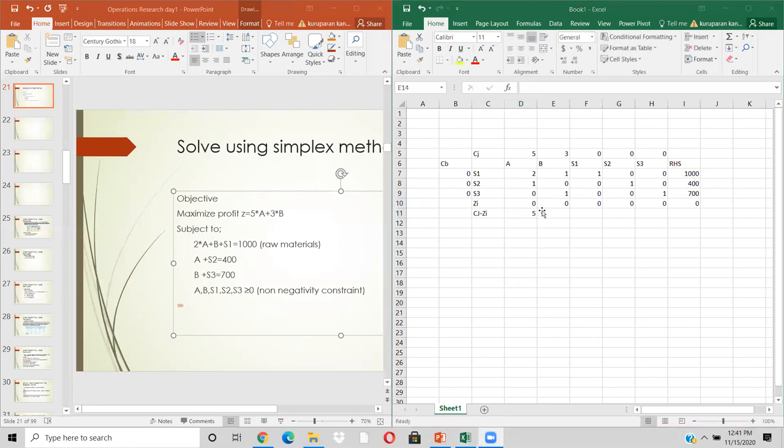Then, guys, for this one, what will be the value? Three. This will be 3. This will be 0. This will be 0. This will be 0. And this will be 0. Okay.